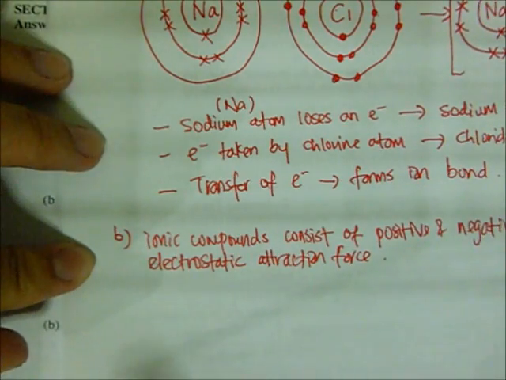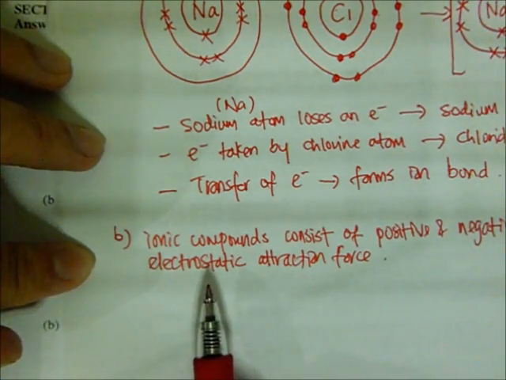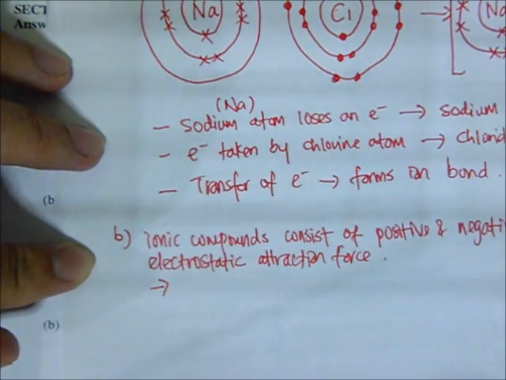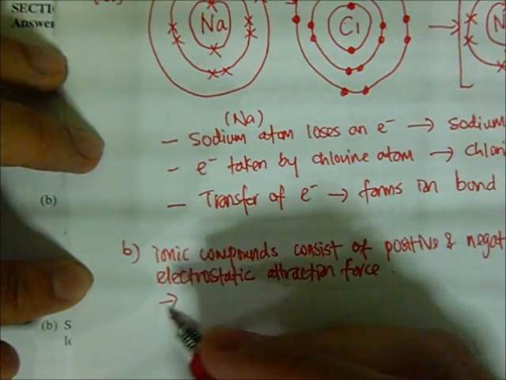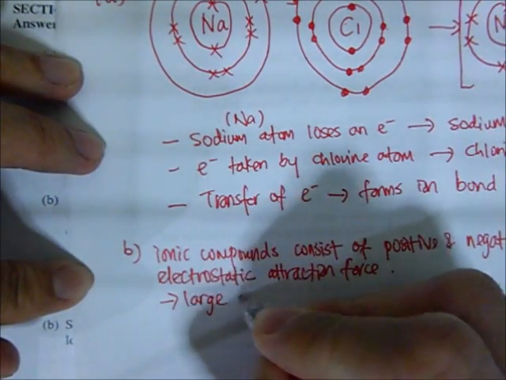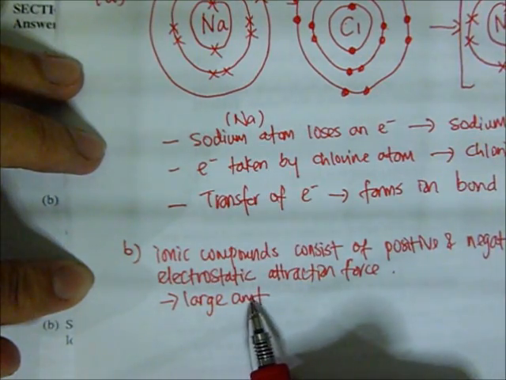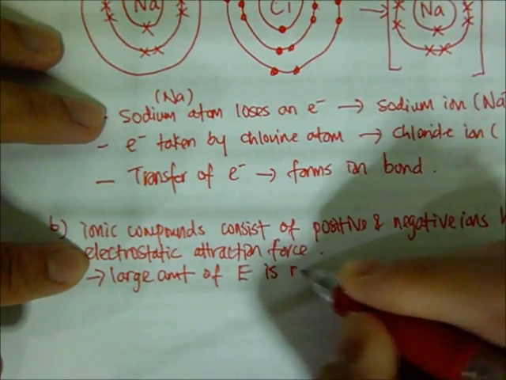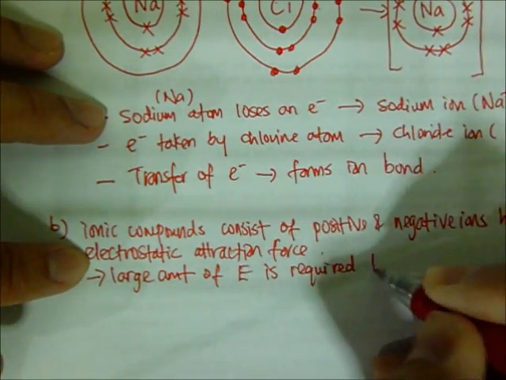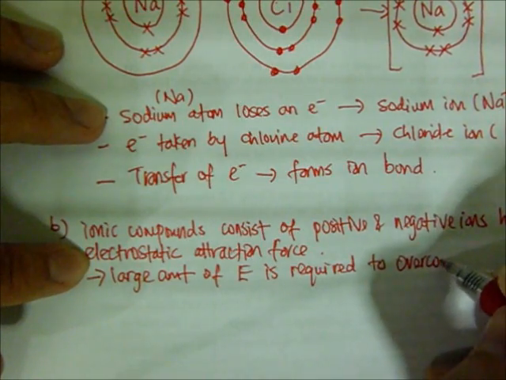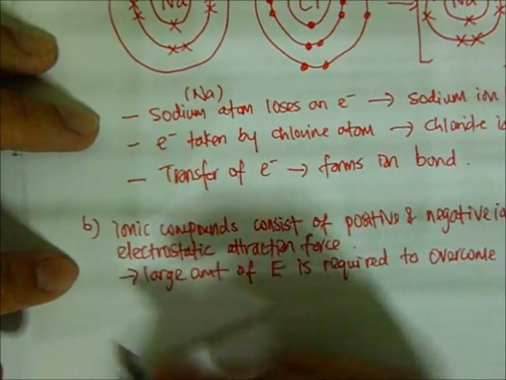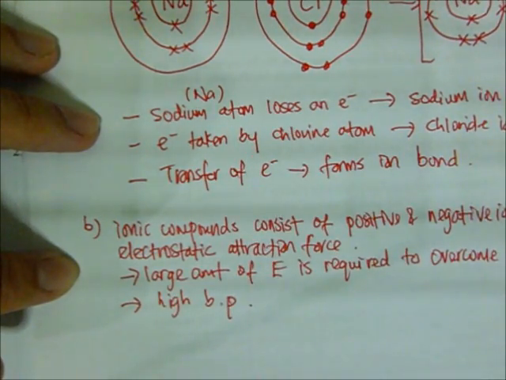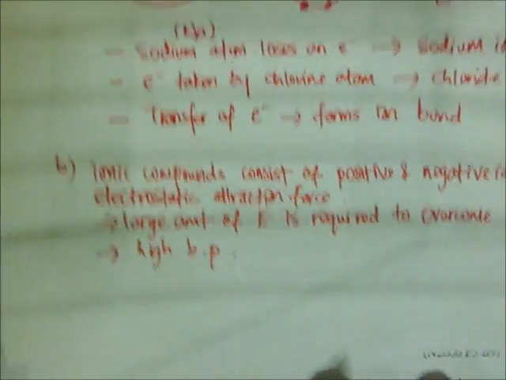And because this electrostatic attraction force is between the positive and the negative ion, it's very strong, and because it is strong, a large amount of energy is required to overcome it. And because of that, it has high boiling point. Okay, that is for ionic compound.